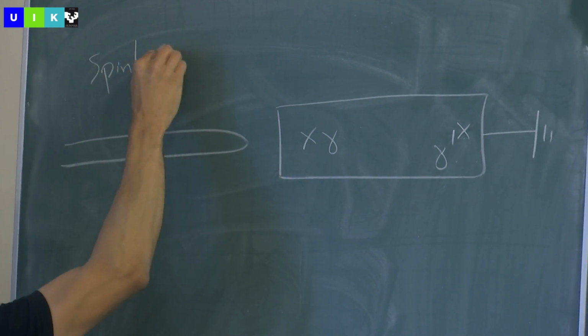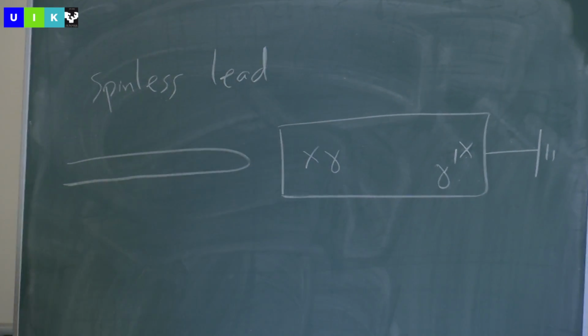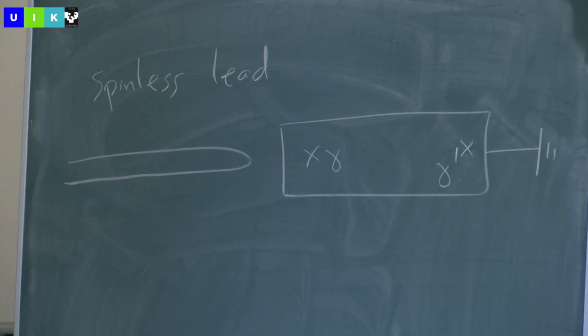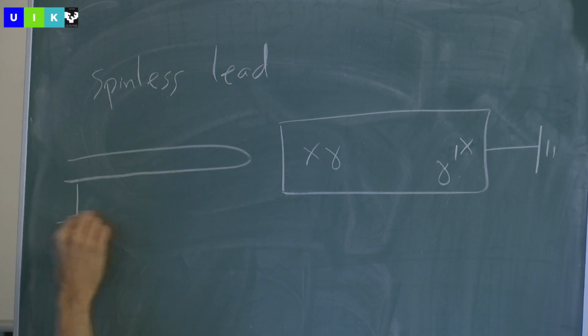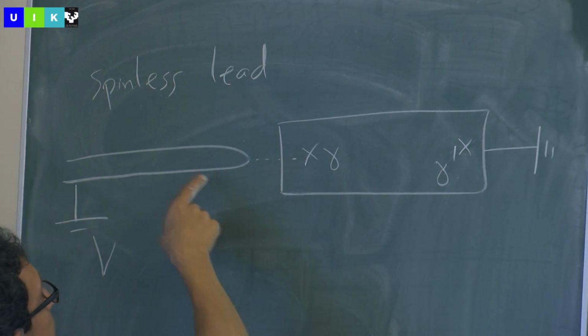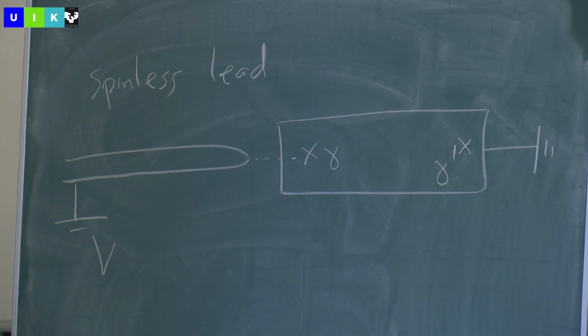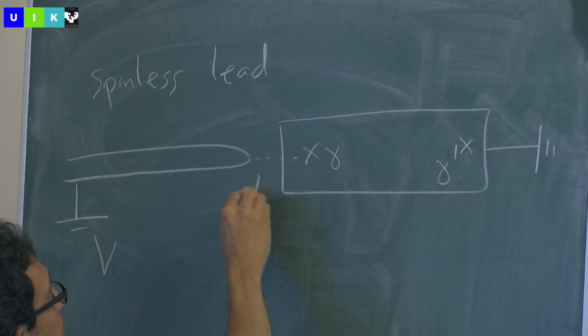I'm making it spinless just for simplicity, to make the problem easier to deal with, but the qualitative conclusions won't change. That spinless lead is held at bias voltage V relative to the grounded superconductor, and we allow the electrons at the end of the lead to hybridize with the Majorana zero mode with some amplitude T.